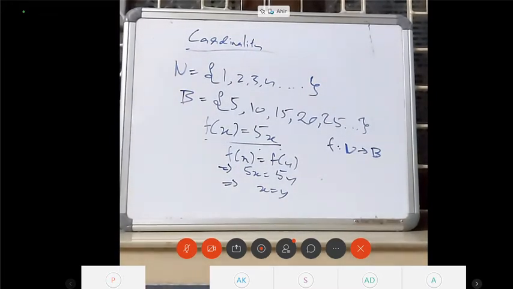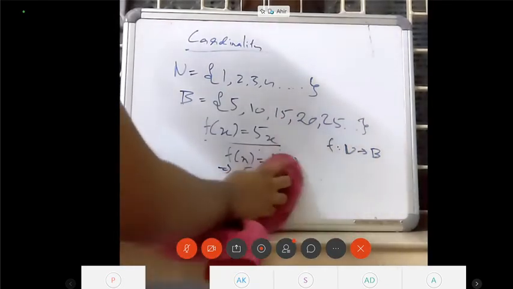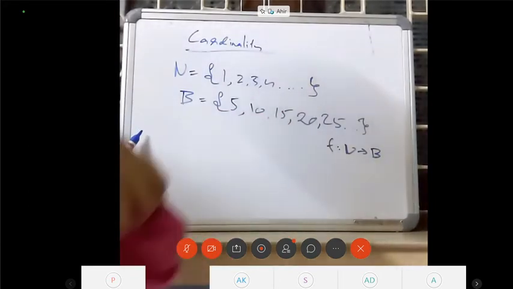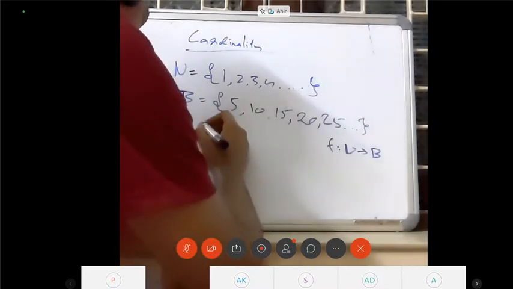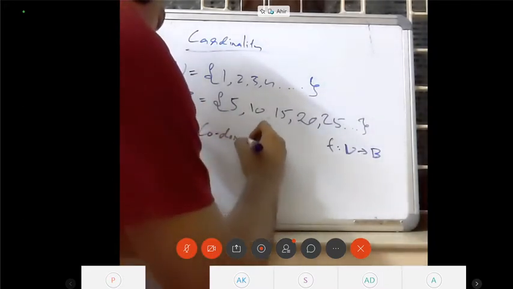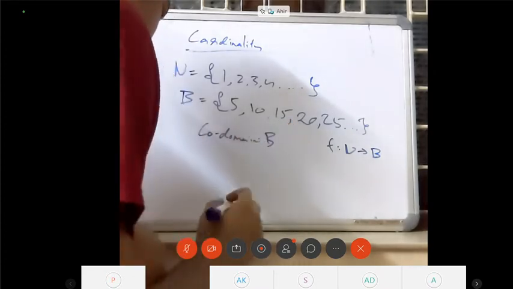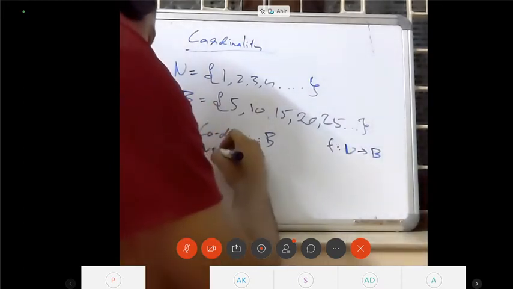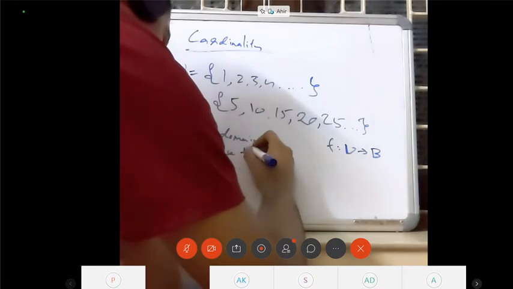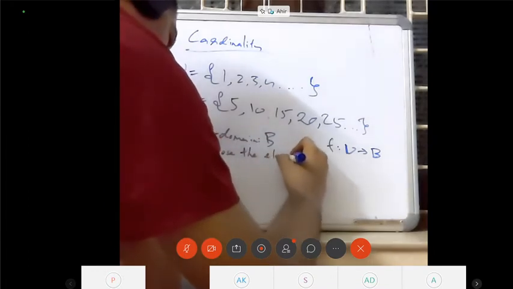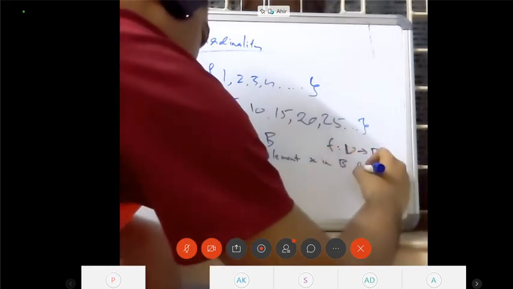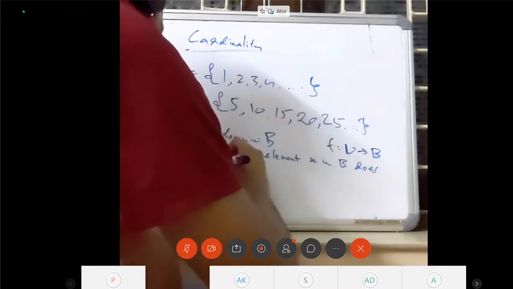Now, is the function surjective? Surjective means that if we consider the codomain, every image has a pre-image. Now, what is our codomain in this case? Our codomain is B. So, suppose the element x in B does not have a pre-image.